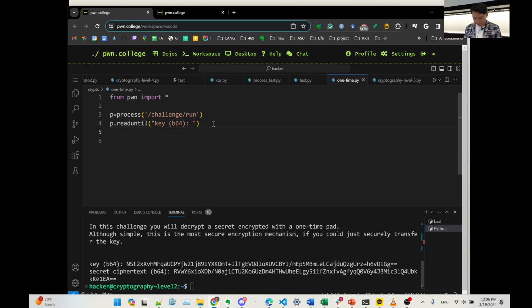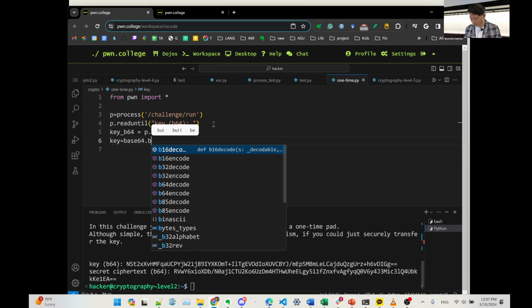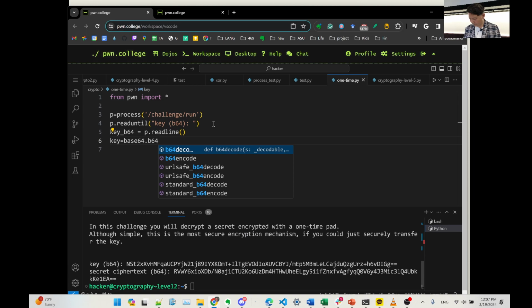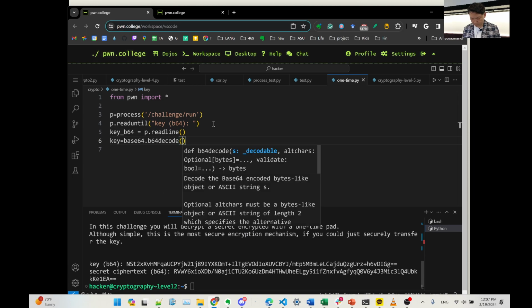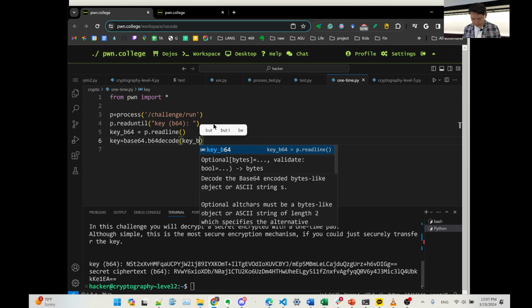And then we can decode the key. The p method is p read line, and decode the key based on base64, b64decode the key.